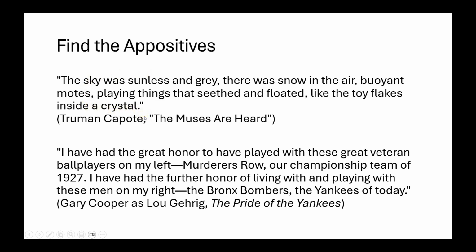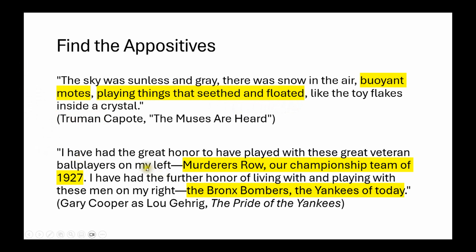Well, if you notice that our subject is the sky, and that there's snow in the air, what gets renamed? Well, look, it looks like the snow is getting renamed, right? It's also buoyant motes. And notice this is a double appositive. It's also playthings that seethed and floated.